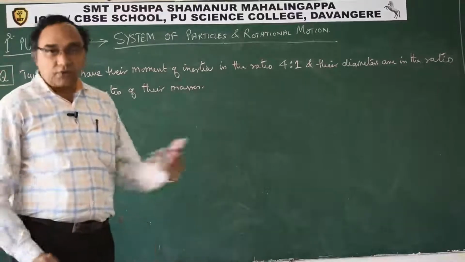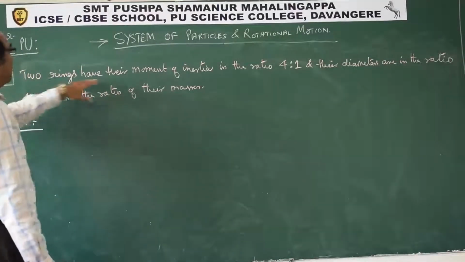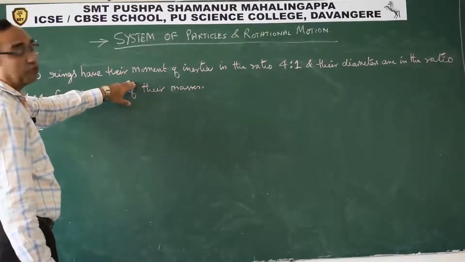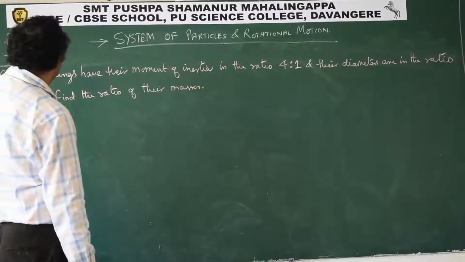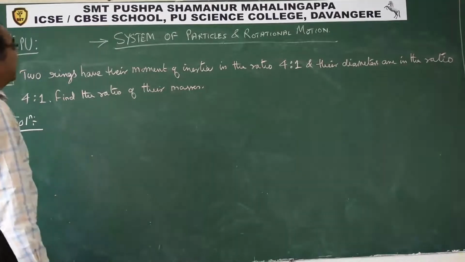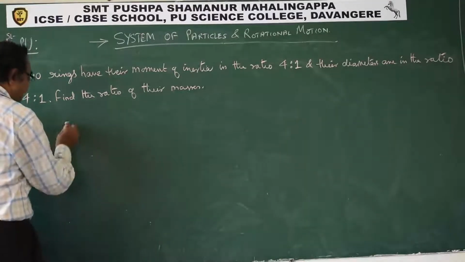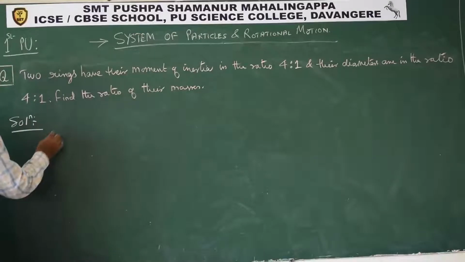Well students, another question. Two rings have their moment of inertia in the ratio 4:1 and diameters are in the ratio 4:1. Find the ratio of their masses. So what is given? Let us record that.